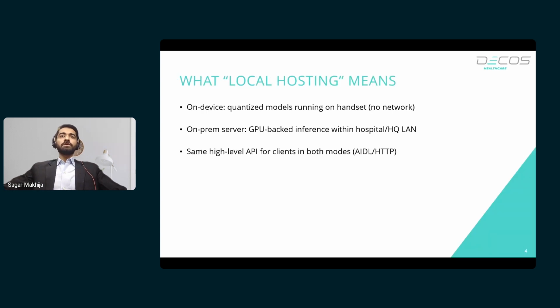When we say local hosting, it doesn't mean the AI is tied to one specific device. It simply means the AI models run within our own controlled environment, not on external servers. This could be an on-device setup like an Android tablet, Windows PC, Linux workstation, or even a Mac, where the intelligence is fully embedded.